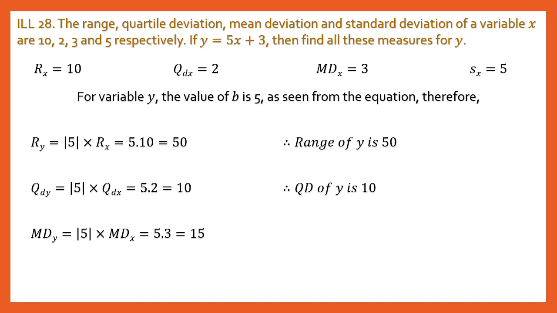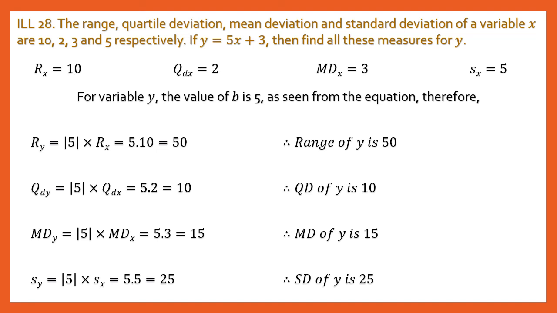You replace that multiplication sign with the dot. So 5.10 is not there, it is 5 into 10, 5 into 2, 5 into 3 and so on. So MD of y is 15. Sy is 5 into Sx, that is 5 into 5, that is 25. So SD of y is 25.